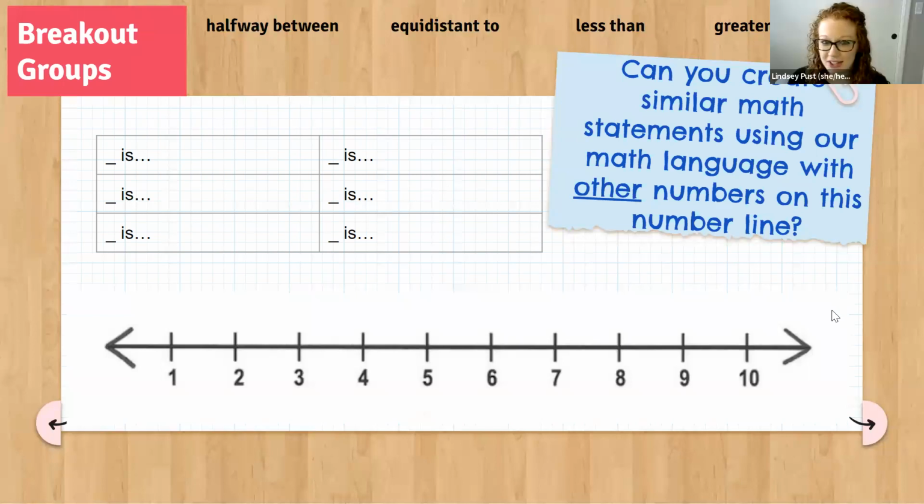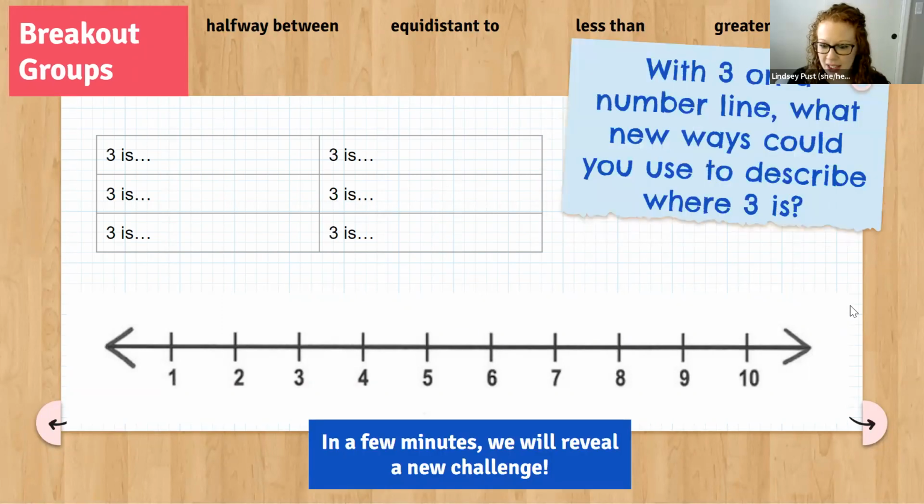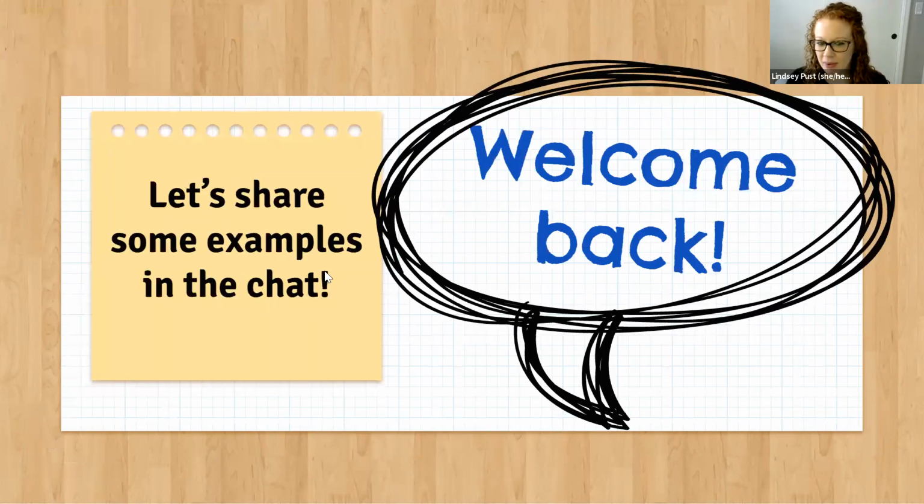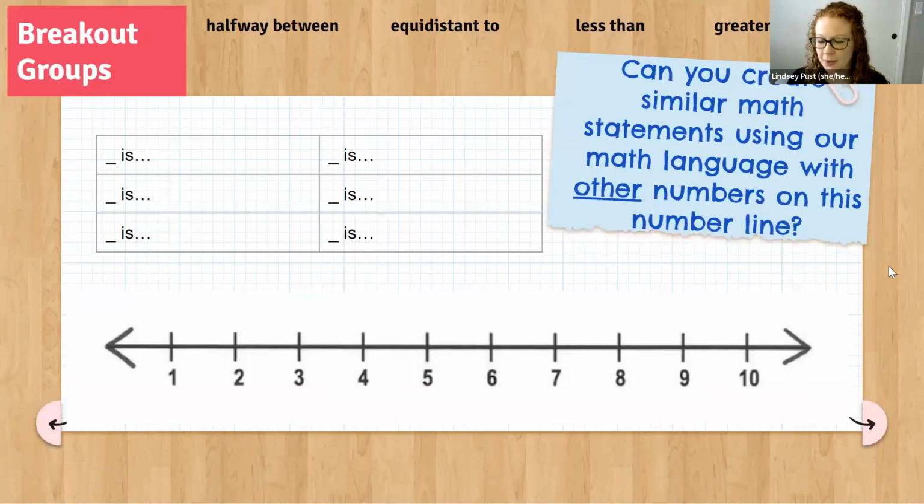All right. So I would like to know if anyone would be willing to share some examples in the chat, specifically for this one, about other numbers. When you use other numbers and our vocabulary words, if you could put some examples in the chat of what your group shared.